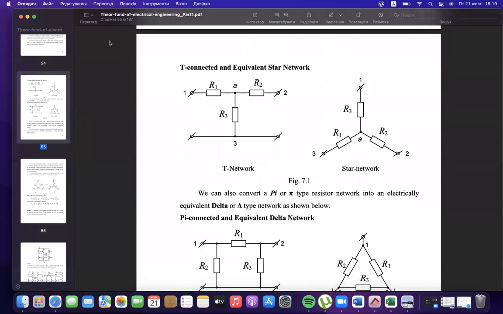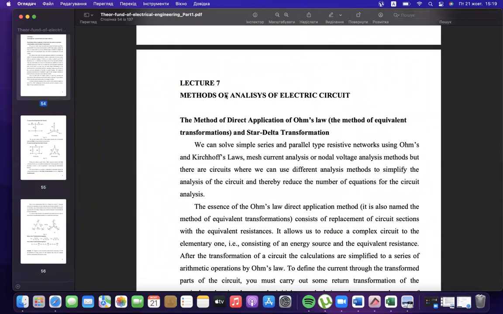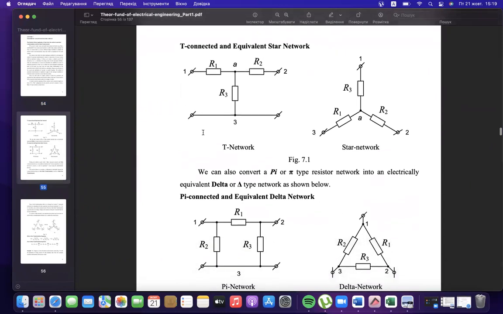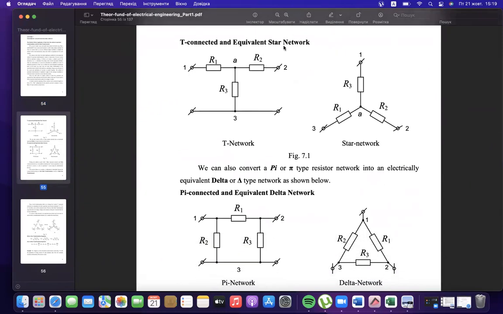If you have a couple of resistors, the star is here. Star-delta transformation looks like this. If you have three resistors that have the same point of connection, a single point for all three of them, it looks like a star. In Ukrainian-speaking literature, it is also called a star.